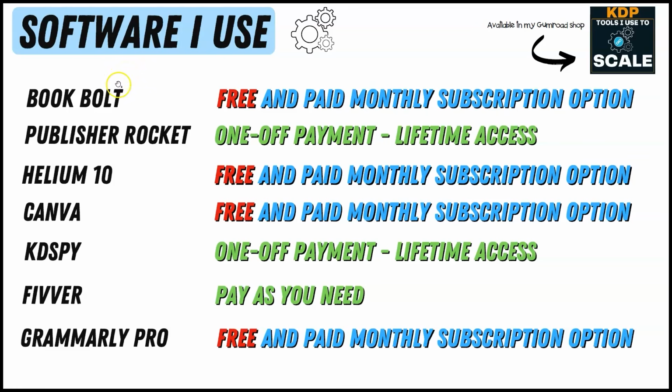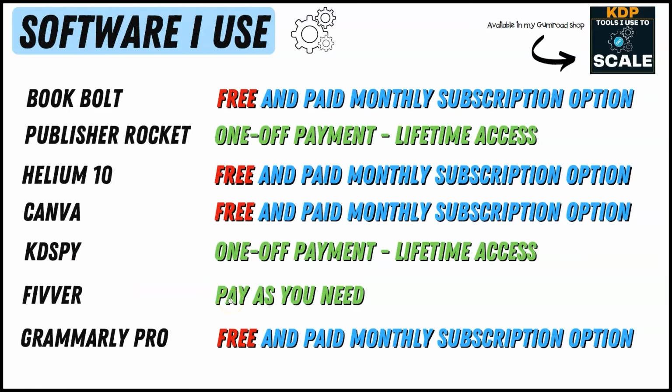So just check that out if any of these are suitable, but we'll be going through some of these anyway during the tutorial. But there's BookBolt, there's a free and paid monthly subscription option. Publisher Rocket, that's a one-off lifetime access. Helium 10, there's a free version and paid monthly subscription option as well. Canva, you can use the free, but again, there's a pro version that you can pay a monthly subscription. There's KD Spy, that's a one-off payment and lifetime access.